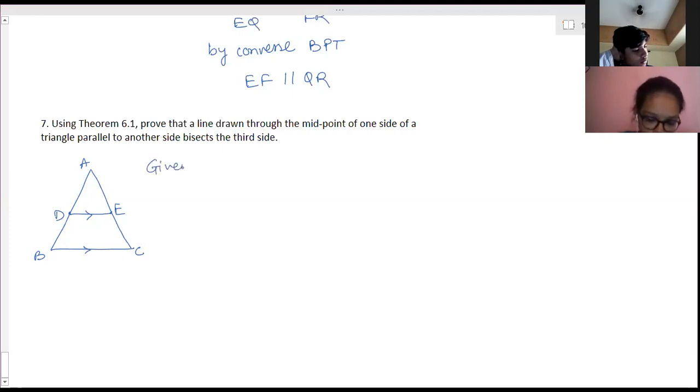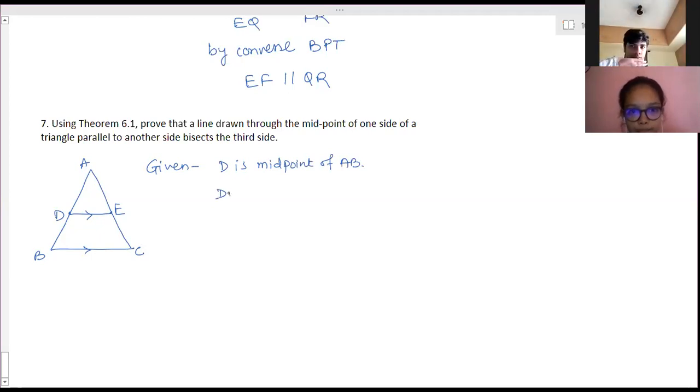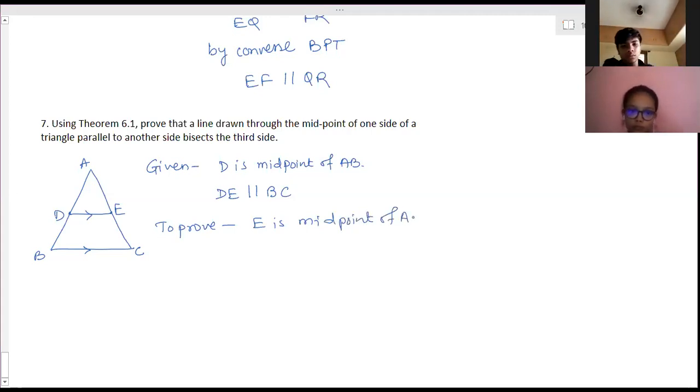So what are the things given? D is midpoint of AB, DE is parallel to BC. We have to prove E is midpoint of AC. That is, we have to prove AE is equal to EC.